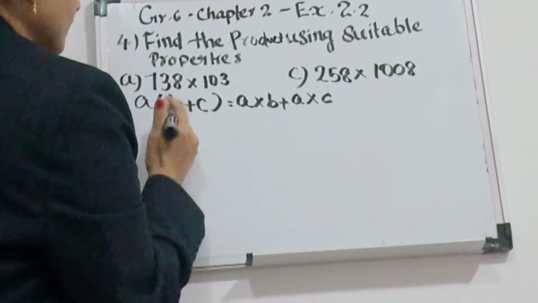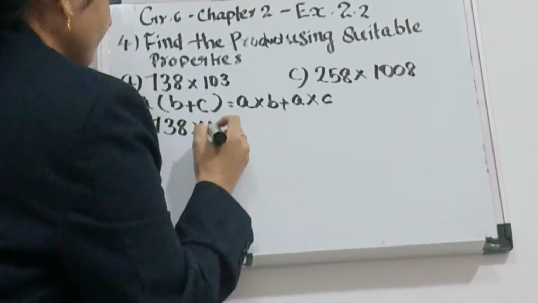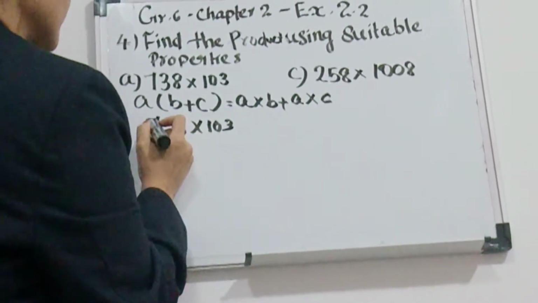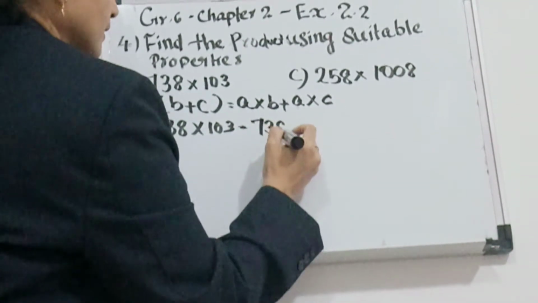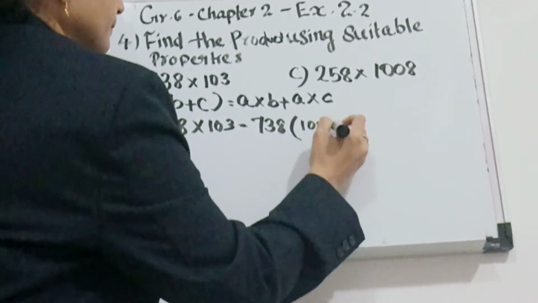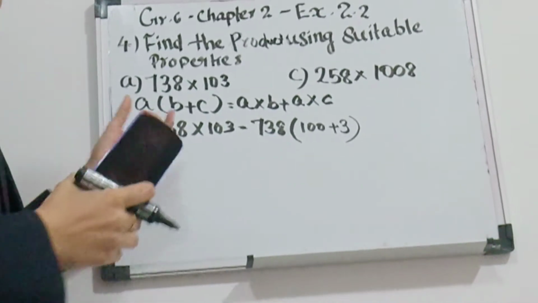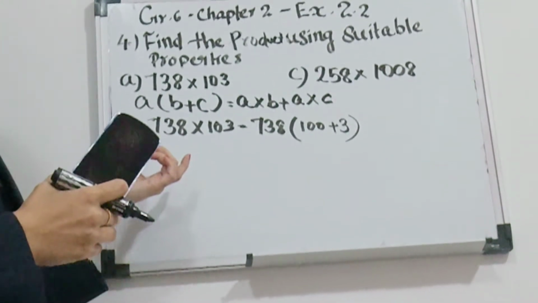Here, 738 into 103. I am going to write this in this form: 738 into (100 plus 3). Why didn't we change 738 as 700 plus 38?